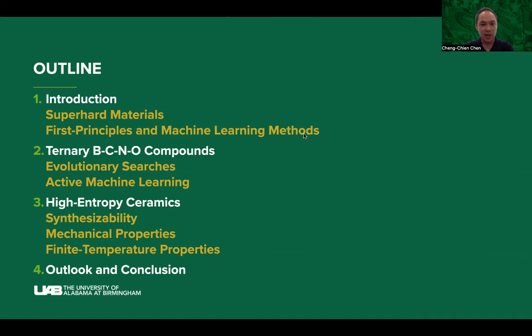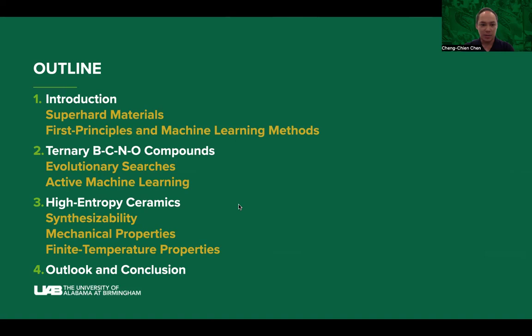First is a superhard material based on BCNO compounds. In particular, I'll discuss our evolutionary structural searches and active machine learning for discovering new ternary BCN and BNO superhard materials. And then I'll discuss high-entropy ceramics, especially the high-entropy borides.